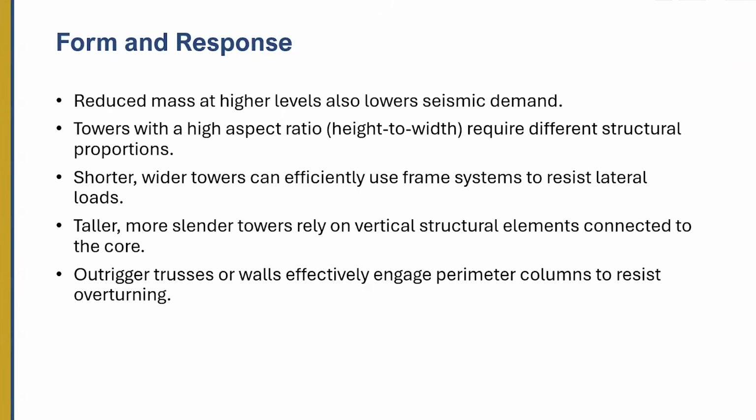But sometimes people go the opposite way, as I showed you earlier. When we go taller, more slender towers rely on vertical structural elements to connect to the core. That's why the distance to the core becomes smaller and smaller, and stiffer and stiffer. The horizontal connection between the core and outer columns becomes stiffer because the columns move inward, right? But this is just concepts.